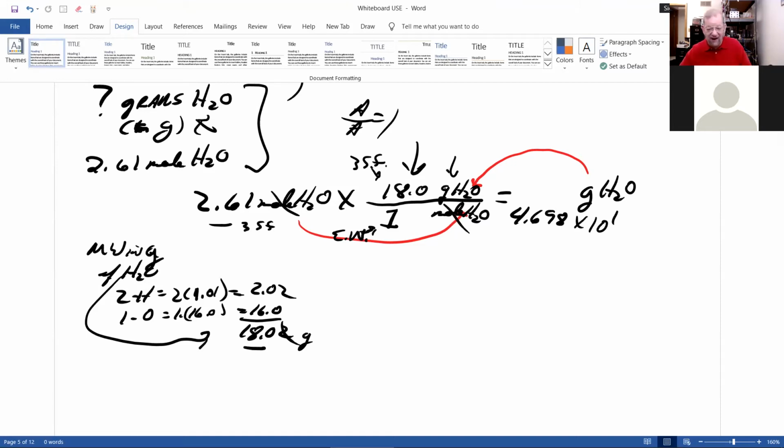But I've got to round it off to 3 significant figures. I'm going to let you try first. This is a little more complex than I'm picking numbers at random, but why don't you try rounding off 4.698 to 3 significant figures? Go.